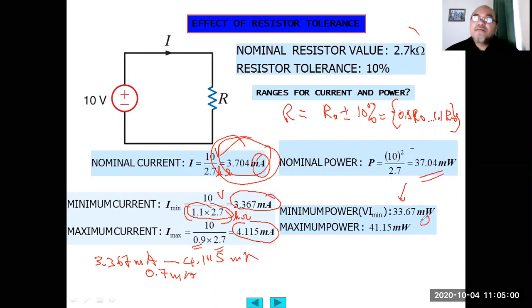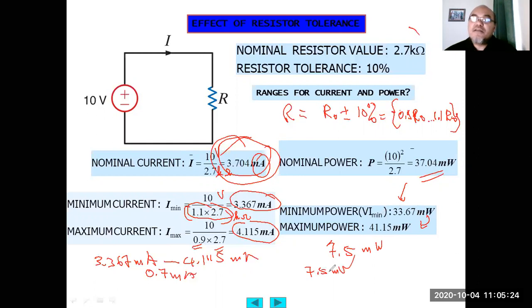So from here to here, the range is more or less how much? About 7.4 or 7.5 milliwatt, and this is quite large.